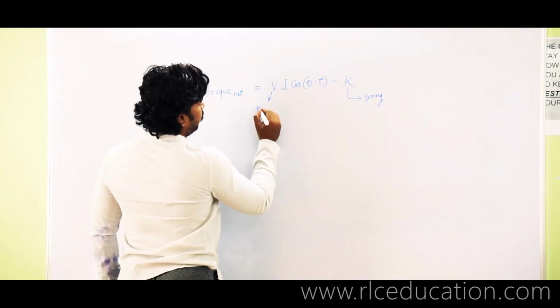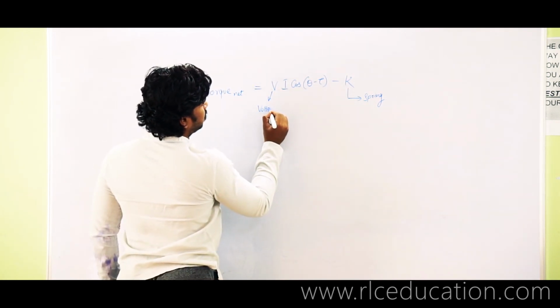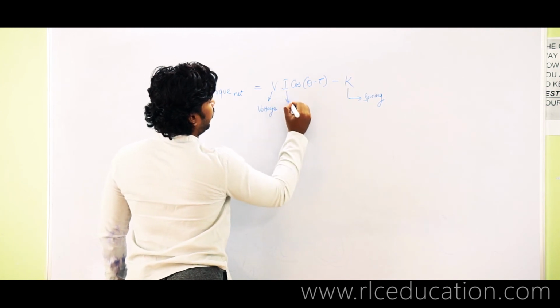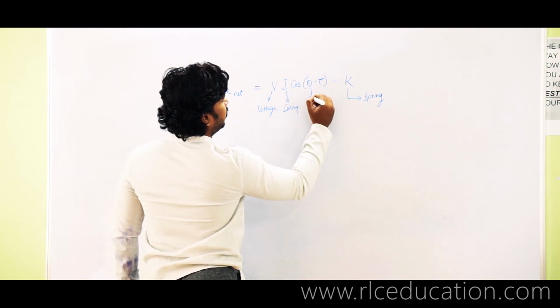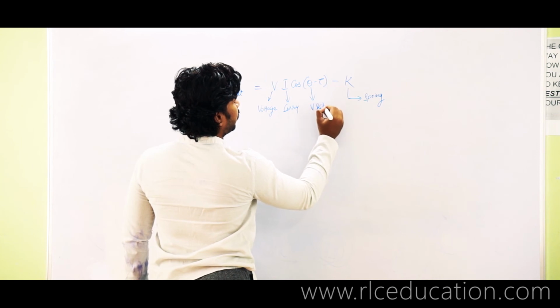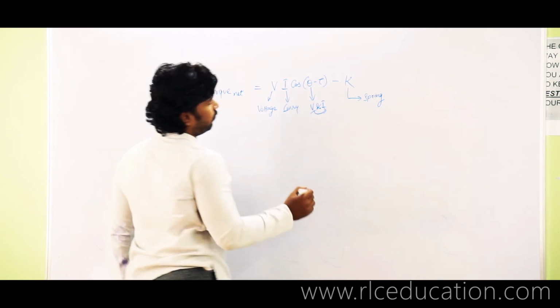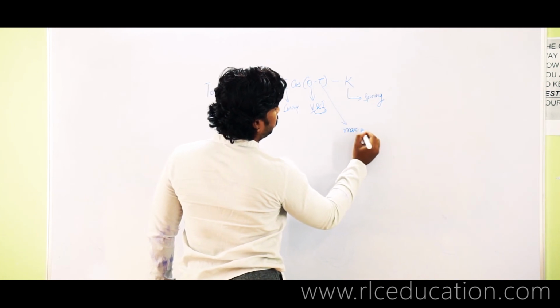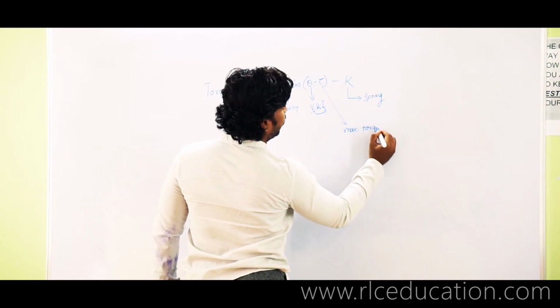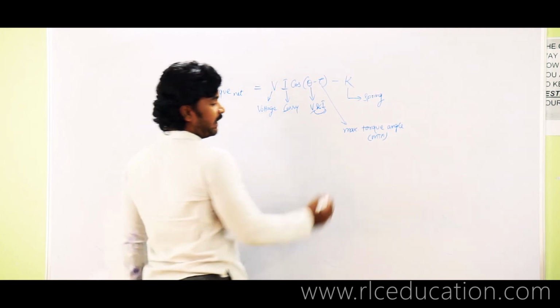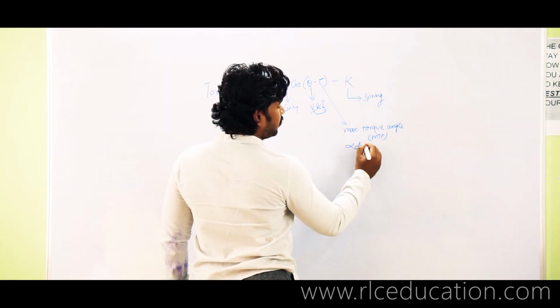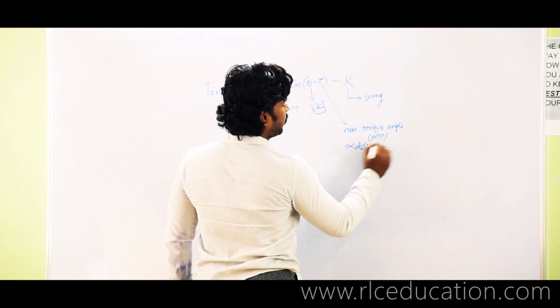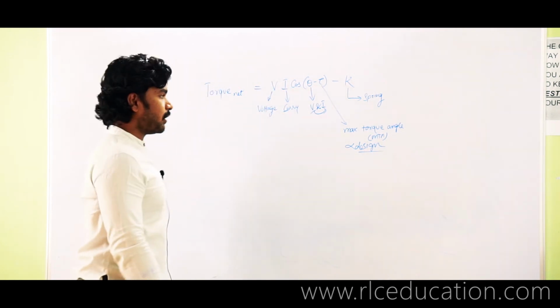V is the RMS voltage input, I is the RMS current input, and theta is the angle between voltage and current. Tau is called the maximum torque angle, MTA, and it depends on the design of the relay. It is a design parameter.